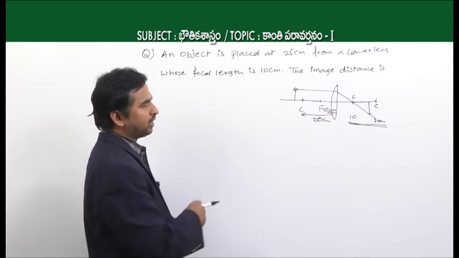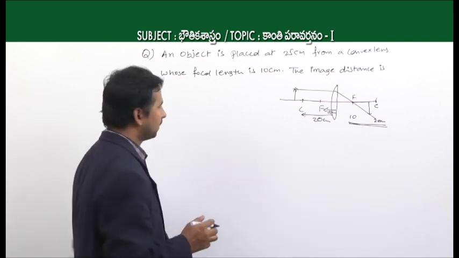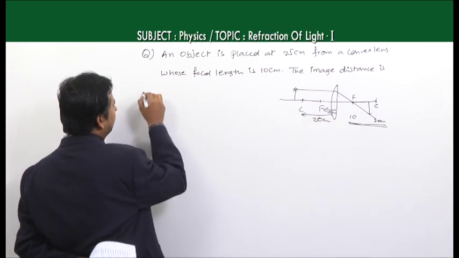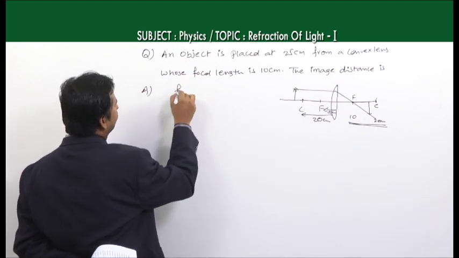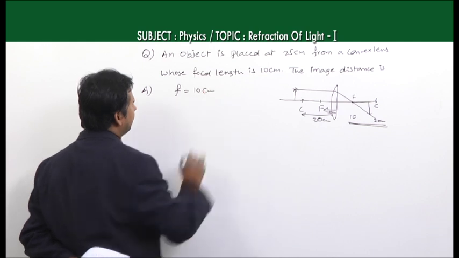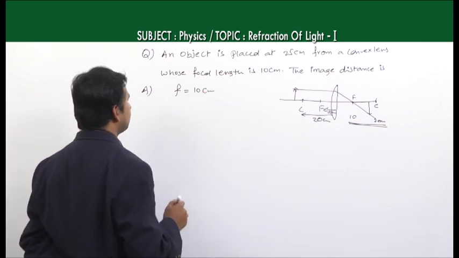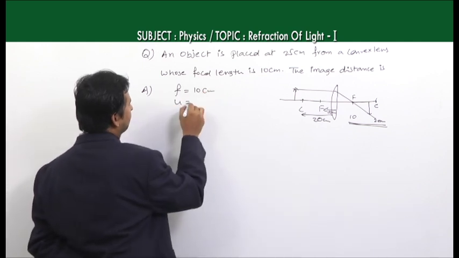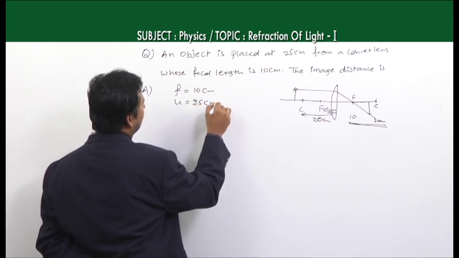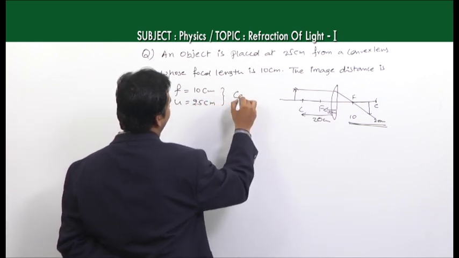Now we will see exactly how much that distance is. As given, the focal length is 10 centimeters, the object distance is 25 centimeters, and the lens is a convex lens.